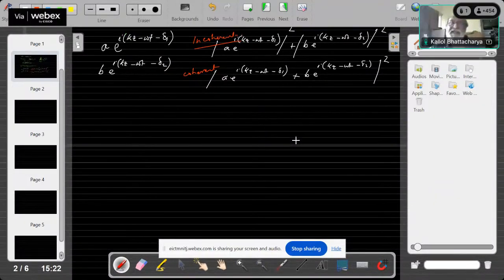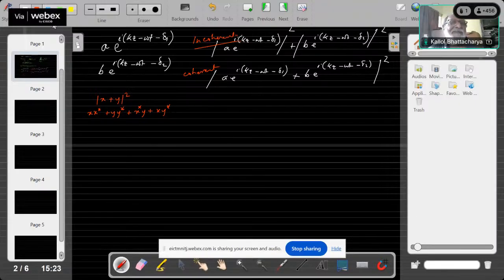As we know, if we add two complex quantities, suppose x and y, and take the square modulus, this is how we get the intensity of the light beam: x times x conjugate plus y times y conjugate plus x conjugate times y plus x times y conjugate. This is the result.